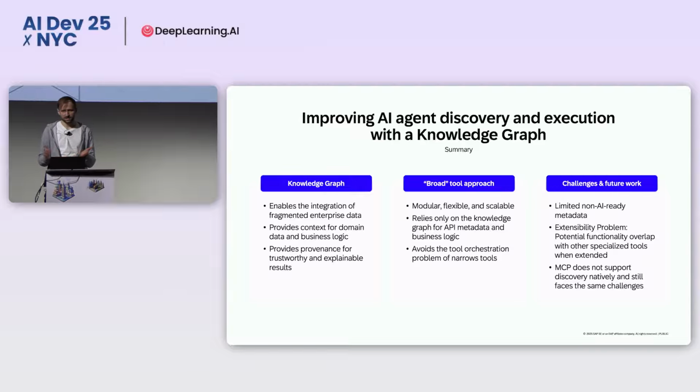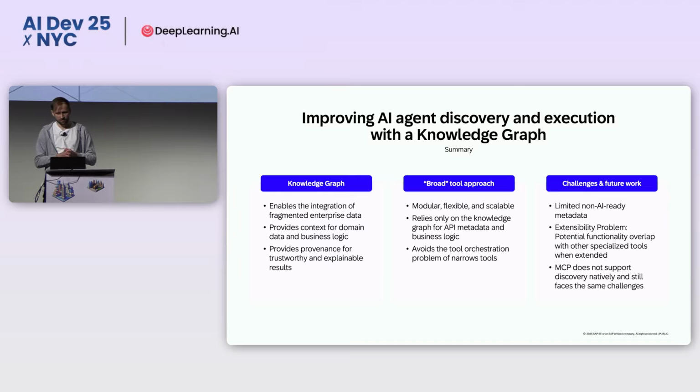Not all metadata is readily AI ready, sorry. So you may lack descriptions, and there may be too many technical IDs that don't make sense without additional context. That needs to be worked on and enriched.